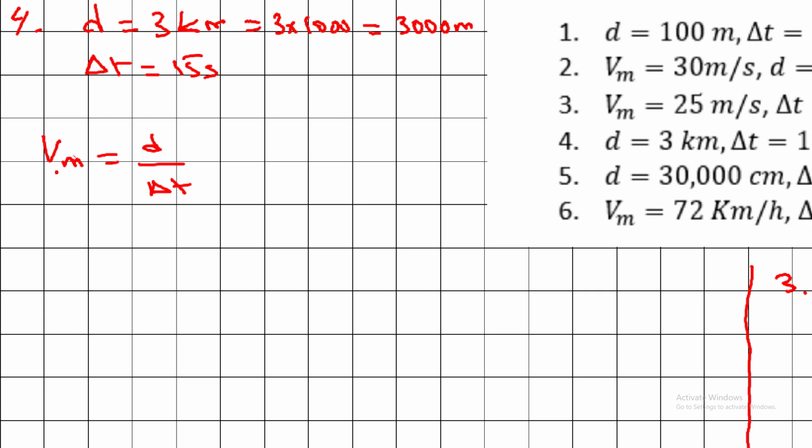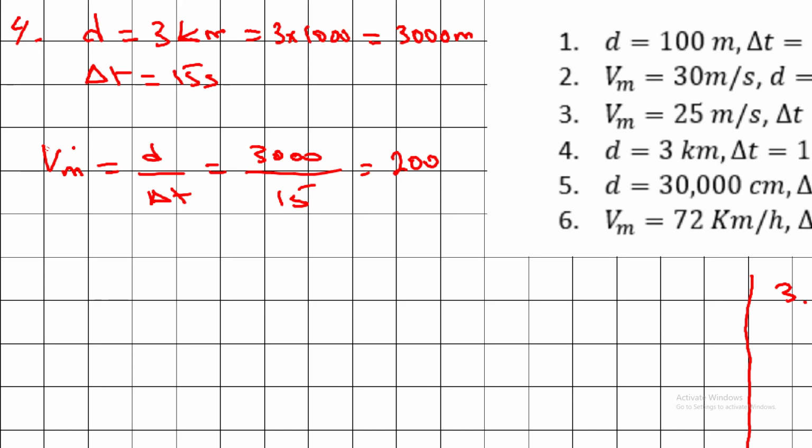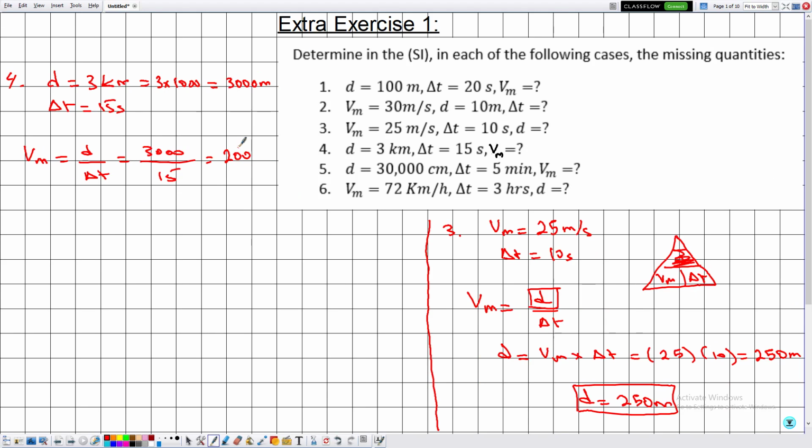Since we are interested in determining Vm, no need to construct a triangle for this formula. 3000 divided by 15, plugging this fraction on the calculator, then the value of Vm is given by 200. Since everything is expressed in the SI, so the value of Vm will be in the SI, which is meters per second. Then Vm is equal to 200 meters per second.